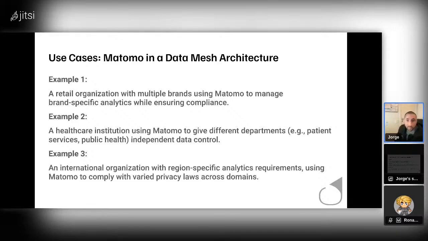Each region can control its own data collection and storage policies within Matomo, ensuring compliance while still providing a unified analytics framework for the organization. This structure helps the organization maintain a global presence without risking privacy non-compliance. These examples illustrate how Matomo's decentralized, privacy-centric approach supports diverse needs across industries, making it an ideal choice for organizations adopting data mesh principles.